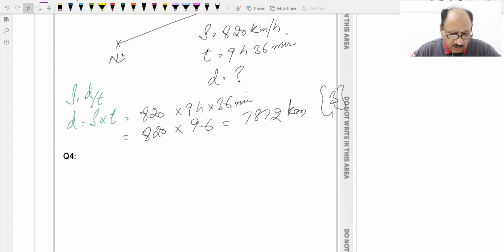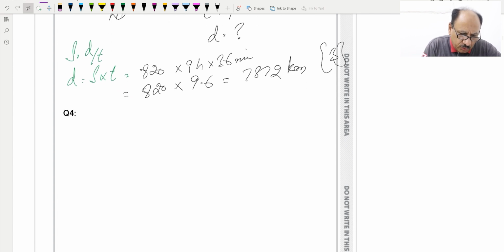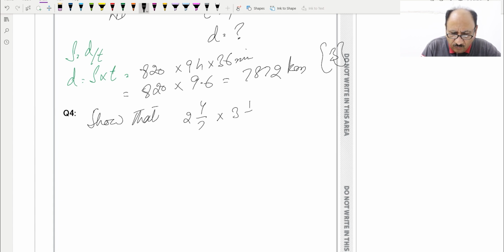Hopefully you understood this. Now question number 4: show that 2 whole 4 by 7 multiplied by 3 whole 1 by 9 is equal to 8. Taking the left hand side, we change the mixed fraction into an improper fraction: 7 times 2 is 14, plus 4 is 18, so 18 by 7.